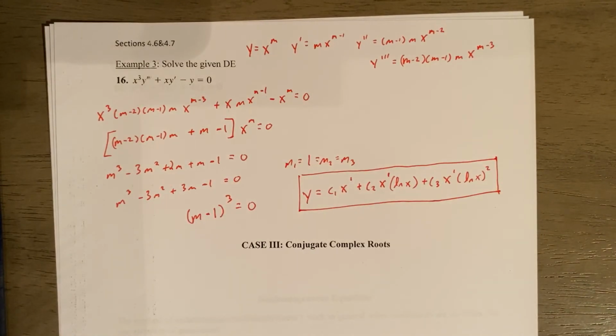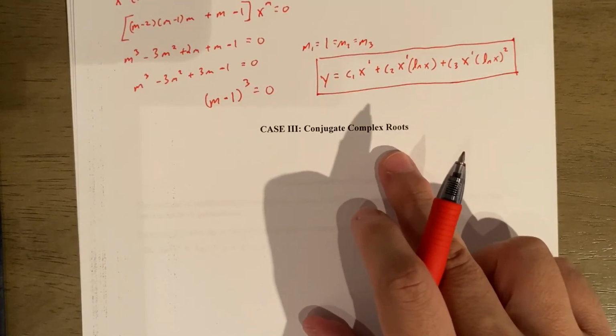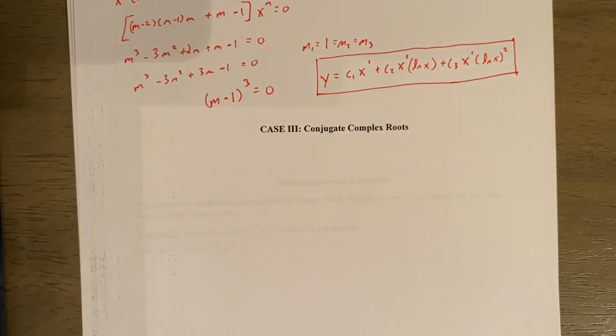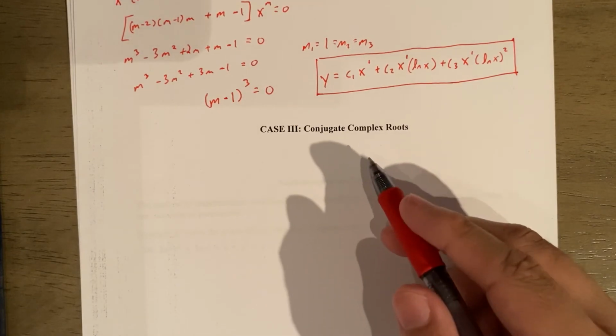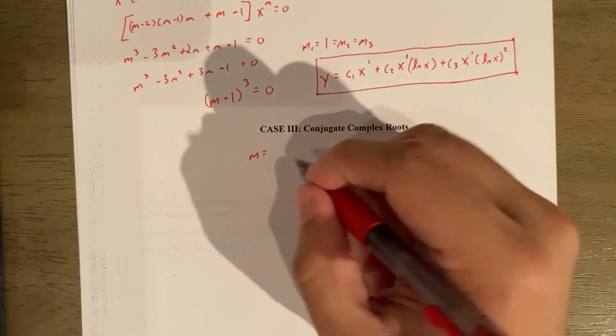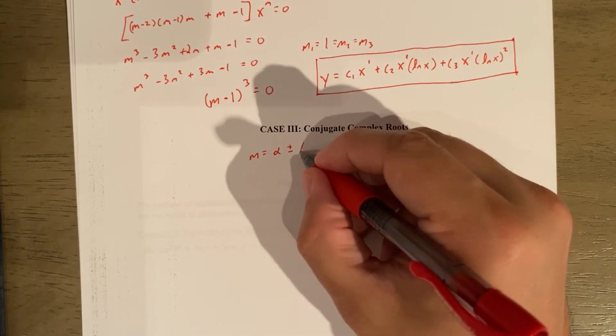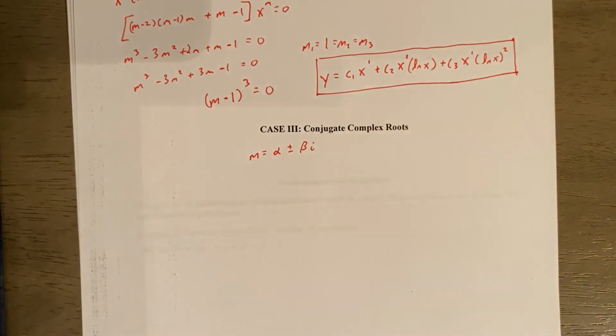Now, the last case is the conjugate complex roots case, and it's very similar to when we were doing the auxiliary equation back in section 4.3, when we have complex roots, where we're going to get our m equal to some alpha plus or minus beta times our imaginary i.